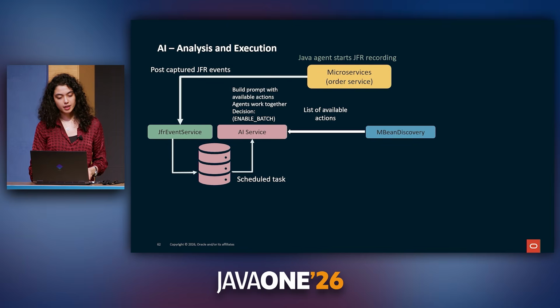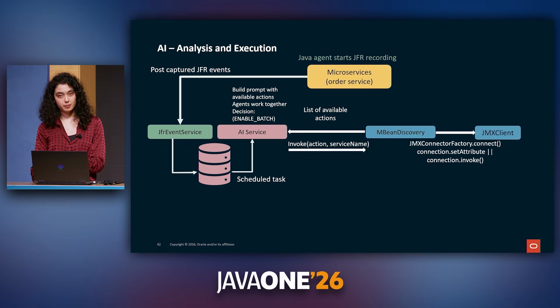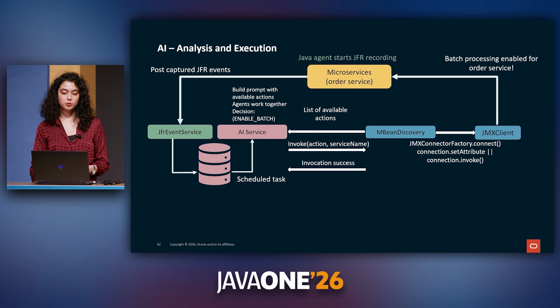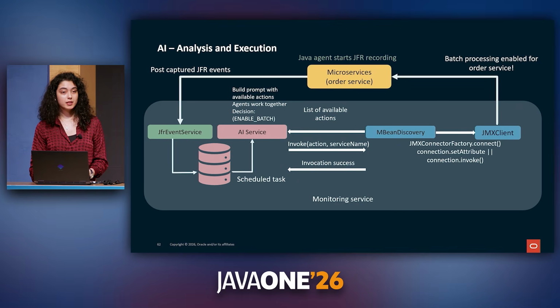And then the AI service invokes this remotely, and by using JMX clients, we are using the set attributes method that we overrode before. And now we enabled batch successfully in the remote microservice. And this actually completes our monitoring service.